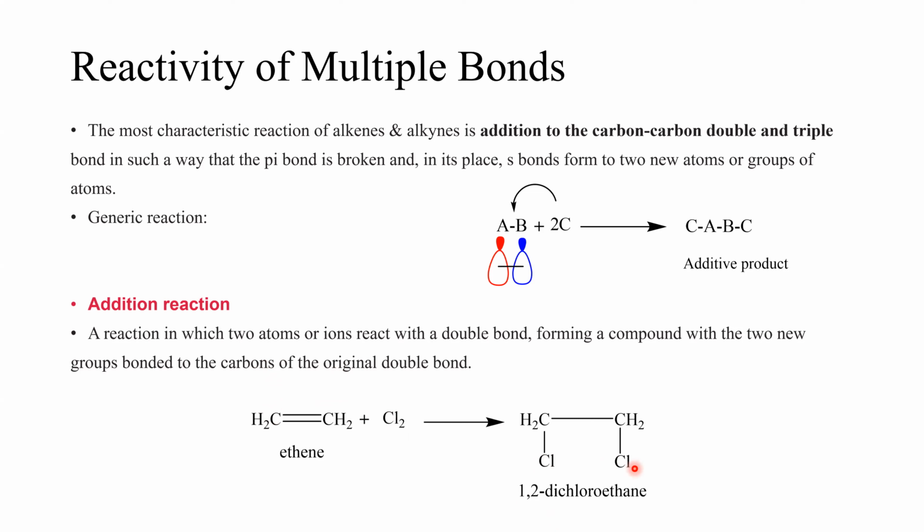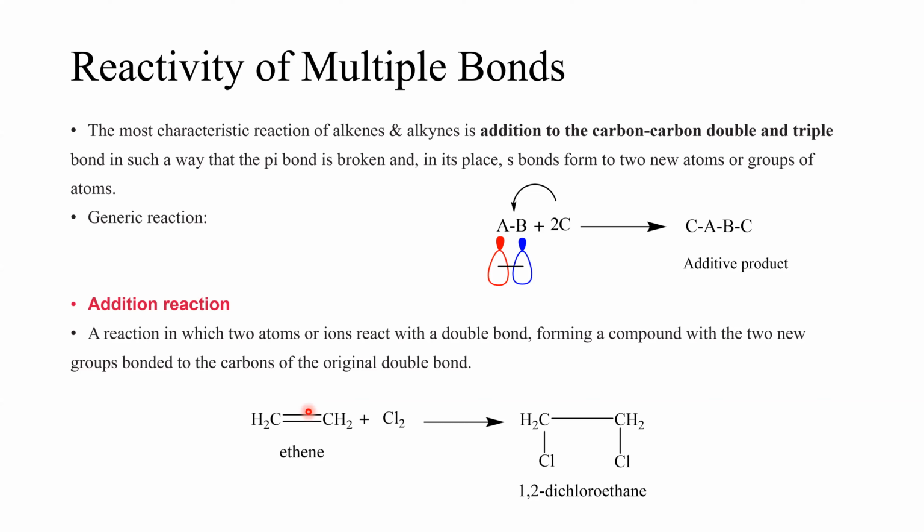What is happening is that this pi bond has broken. This is usually a radical reaction mechanism, and we will see its mechanism in our next lectures. But right now, we are discussing the overview of addition reactions and some of the terminologies involved to explain what kind of addition reaction it will be, right?